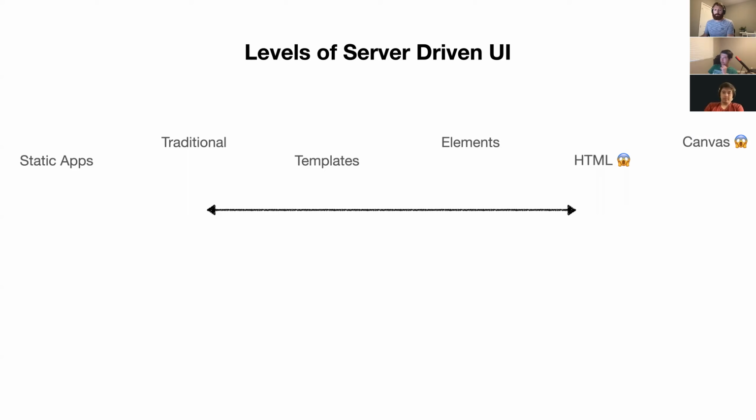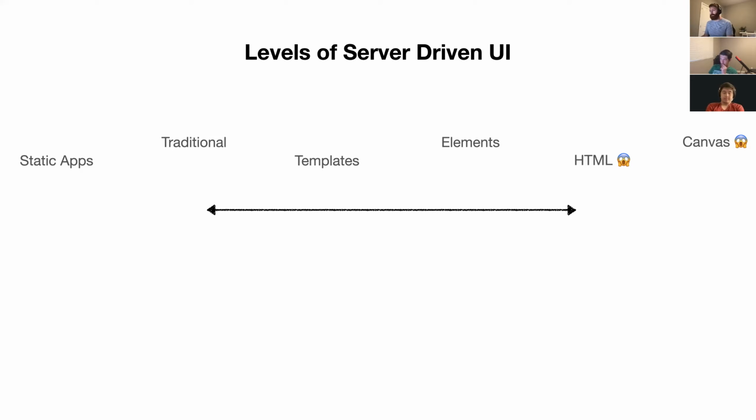Then you have a more traditional, like what you're used to, level of server-driven UI, which is the server sends you data, you format that data, and spit it out into a UI on the front end. So the back end is sending you like business objects that the front end decides what they look like.